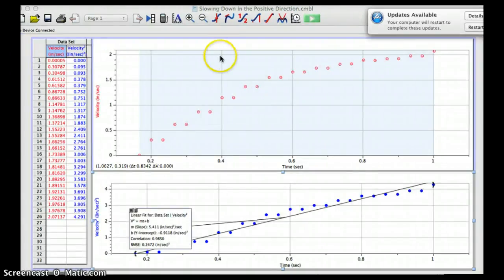So now we're slowing down in the positive direction, and we linearize this graph by squaring velocity. And the equation for this graph is going to be 5.4 inches per second squared divided by seconds times t minus 0.9 inches per second squared.